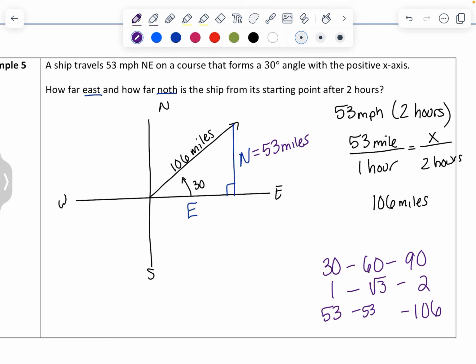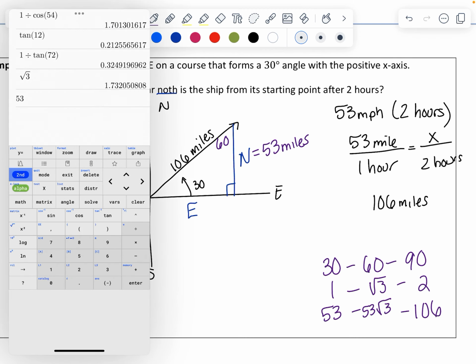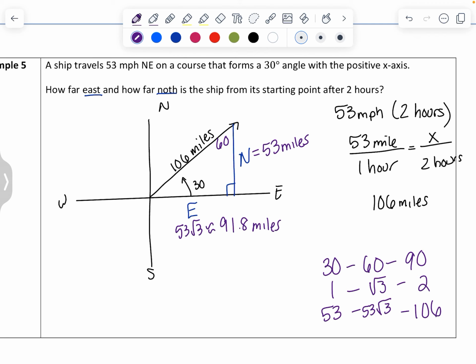And then we'd have 53 times the square root of 3 would be our east distance, because that's across from our 60-degree angle. So that'd be our exact answer. If we wanted to approximate that, it would be 53 square roots of 3, or approximately 91.8 miles. So we could answer this question by saying that it traveled 91.8 miles east and 53 miles north.